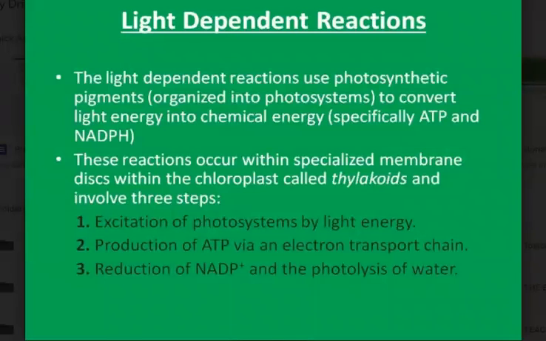Reduction means that you're adding hydrogen to the substance. When you add hydrogen to a substance, we refer to that as reduction.